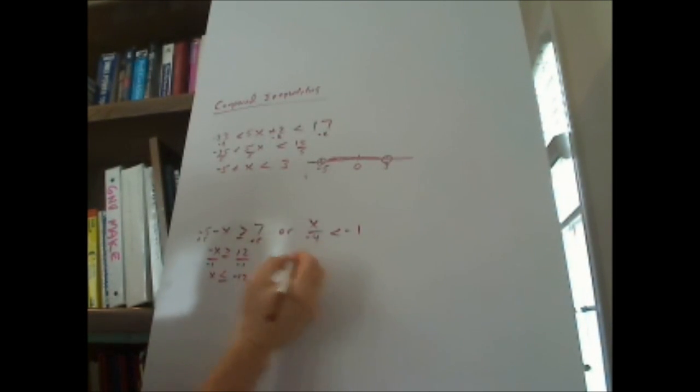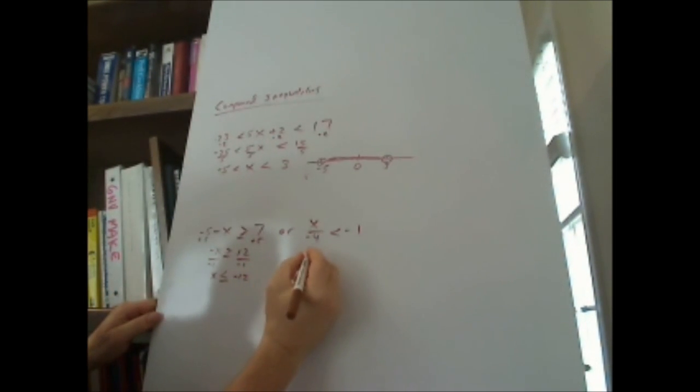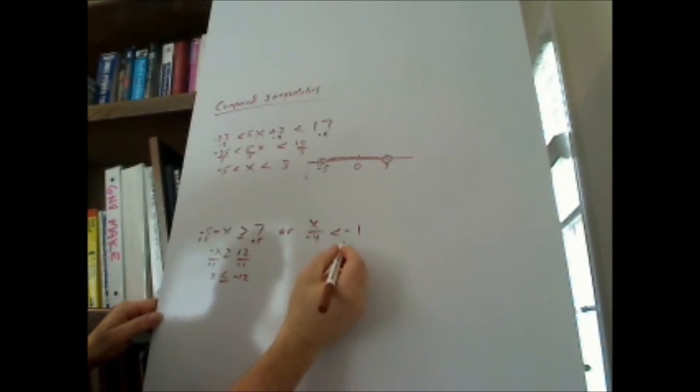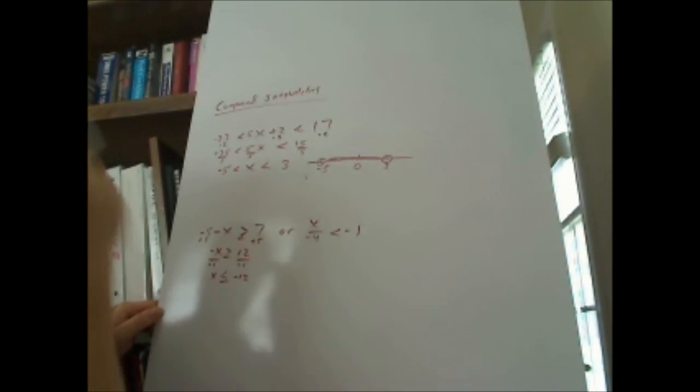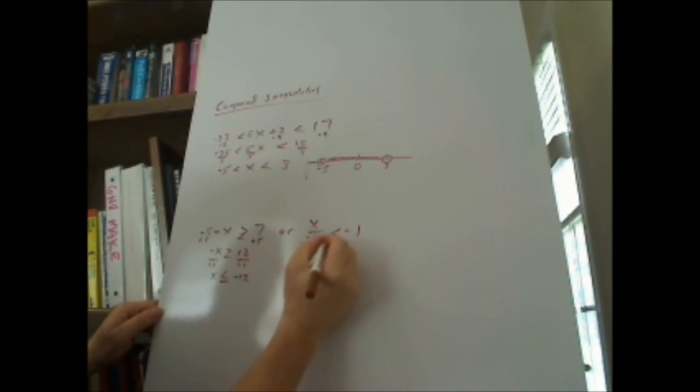And then we go to the right side here and look and see what we have. x over minus 4 is less than minus 1. Well, what do we want to do here? We want to isolate x. Again, we want to multiply both sides by the minus 4.